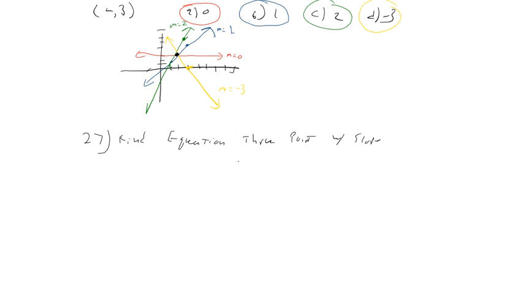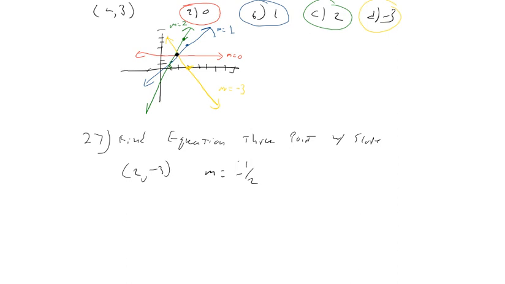And so 27 says the point is 2, -3, and it says my slope is -1/2. Oh shoot, why did I close the book? Come back, book. So there's my point and my slope.